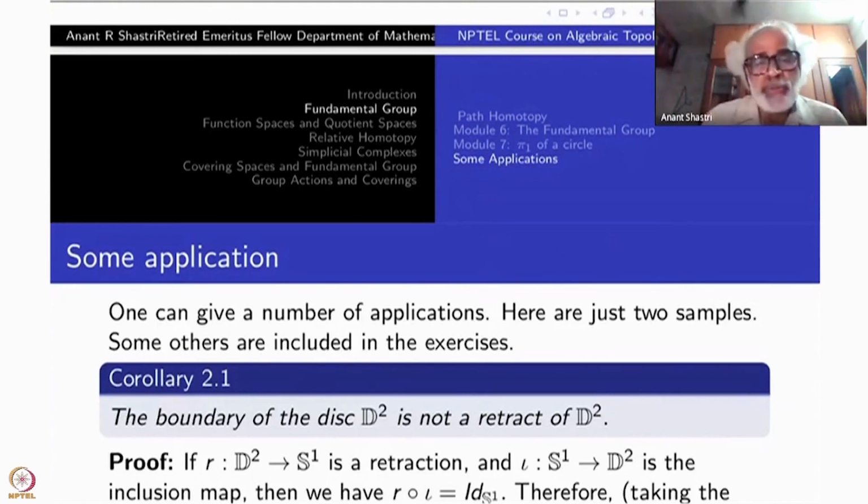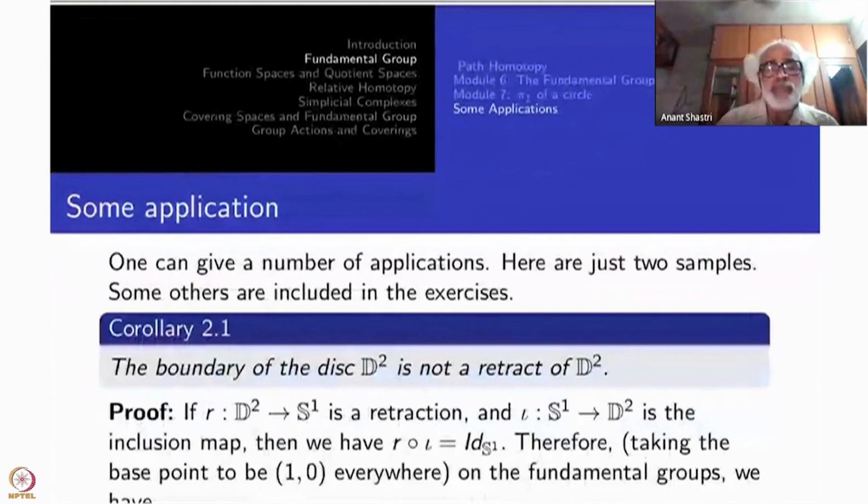Suppose there is such a thing, namely R from D2 to S1, a retraction. Let us denote the inclusion map of the boundary S1 into D2 by I. Then retraction means R composite I is the identity of S1. So you can take the base point as (1, 0), the unit complex number in S1, on both sides. Then what we get?